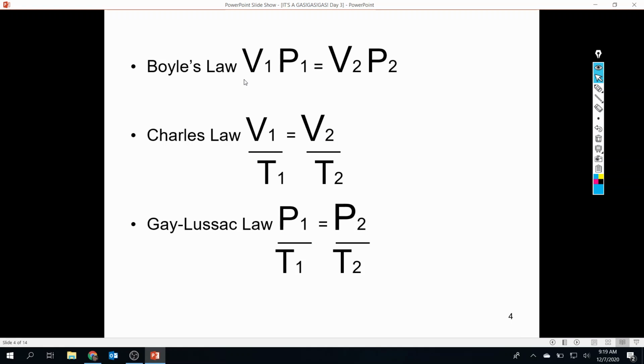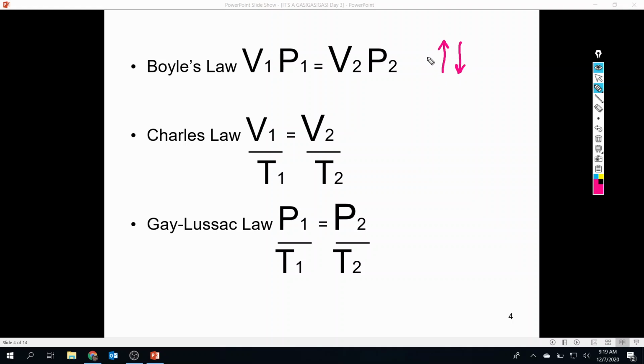Now, real quickly, Boyle's law. So here are equations for all three of our gas laws that we've looked at so far. Boyle's law, where V1 P1 equals V2 P2, and those are going to be inverses, meaning that if the volume goes up, then the pressure will go down.